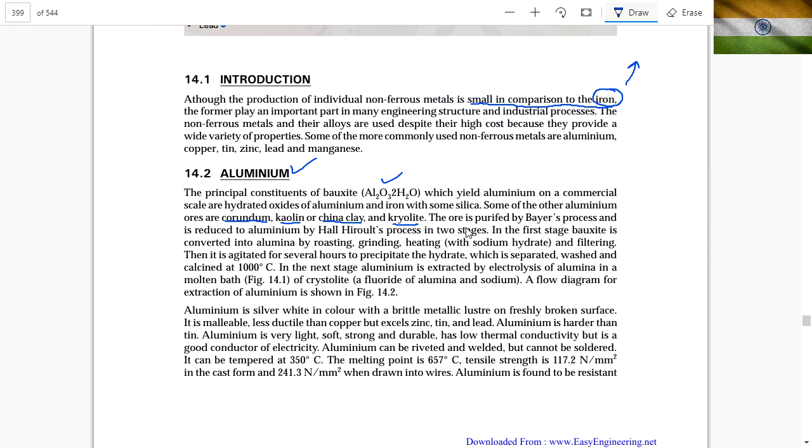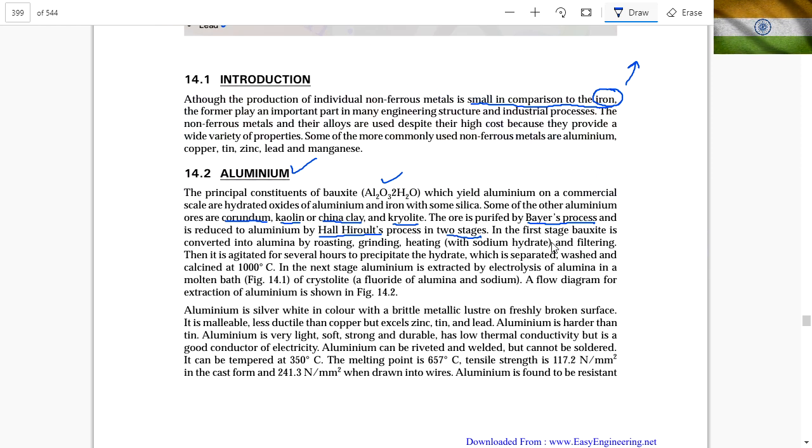How do we produce aluminium? The ore is purified by the Bayer process and is reduced to aluminium by the Hall-Héroult process in two stages.